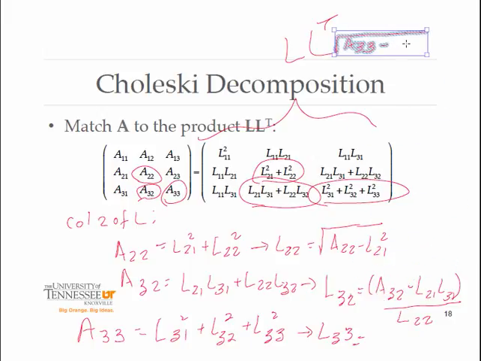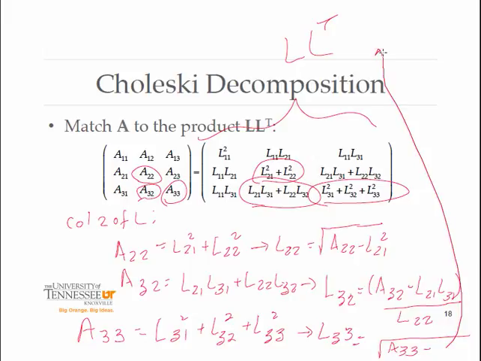I guess not. So all of that would be under the radical, and again, you would have already determined L31 and L32 from previous computations of the second column and the first column of L. So now the L factor would be completely determined.